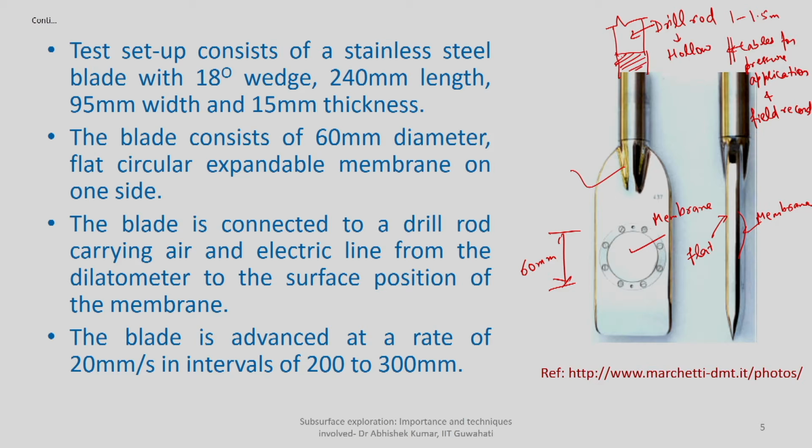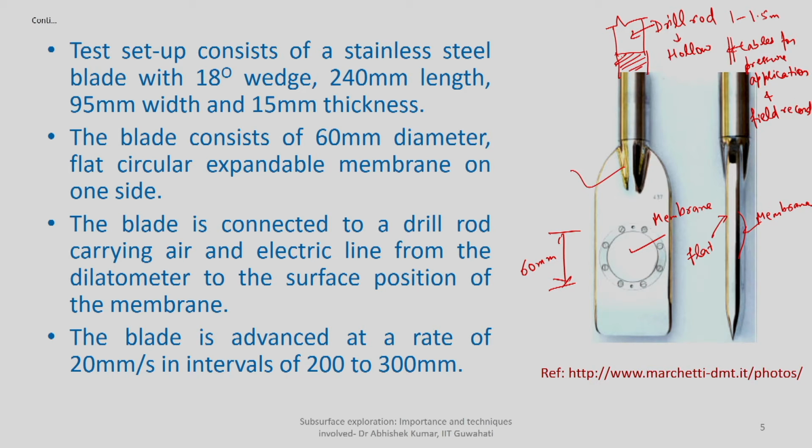So minimum 2 cables will be there. One is for application of pressure by means of different arrangements, and the second is for recording on the surface whatever pressure is measured. So minimum 2 cables will pass through the drill rods.